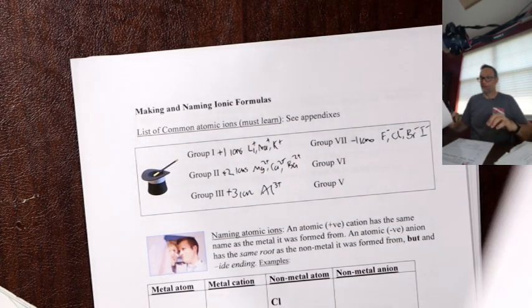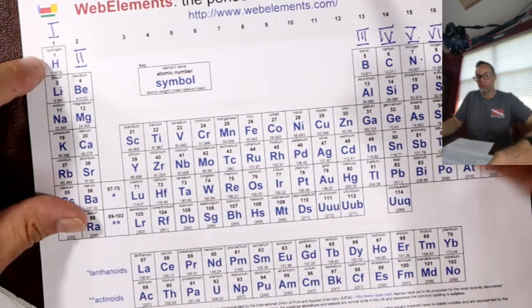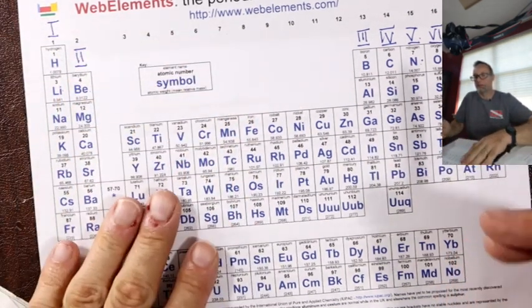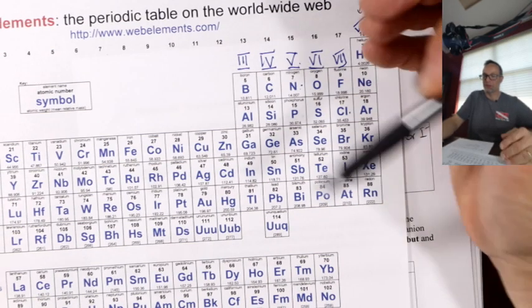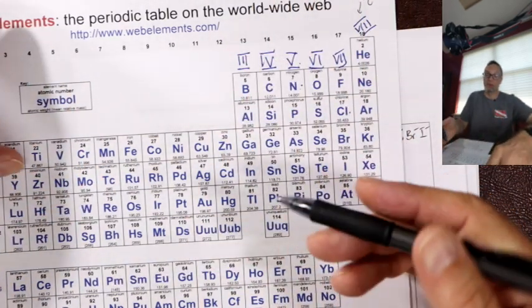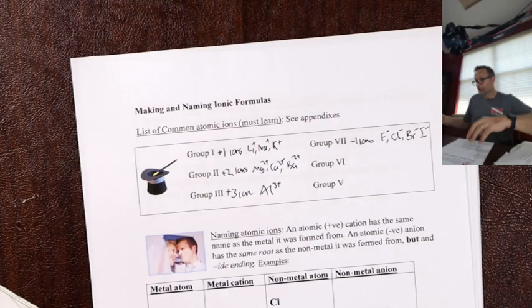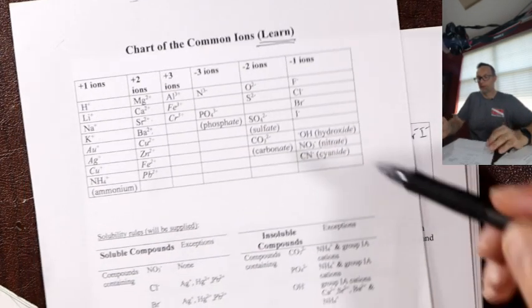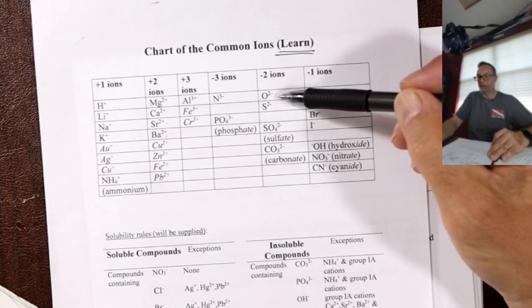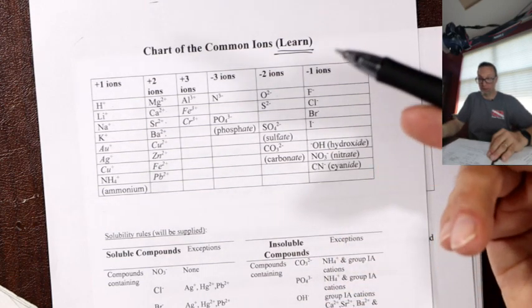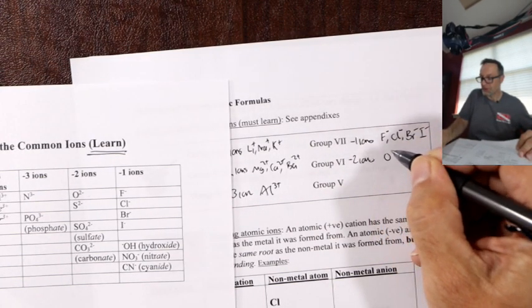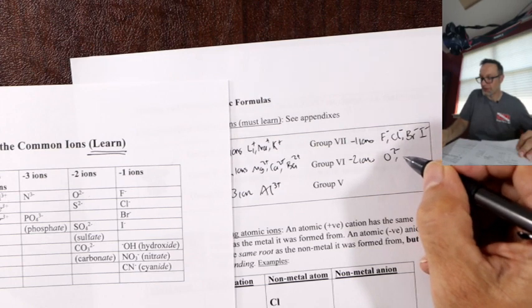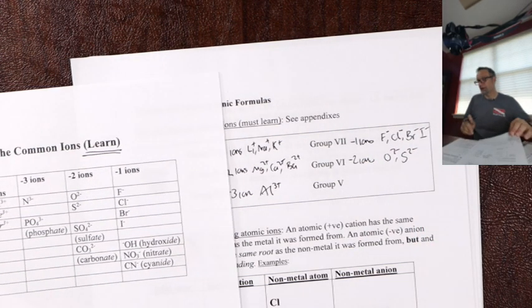Now, in the same way, oxide and sulfide, we go +1, +2, +3 in from the left, we go -1, -2, -3. So as you go towards the center, the magnitude of the charge gets bigger, okay? So -2 ions are in group 6. -2 ions, there's only 2, oxide 2 minus, sulfide 2 minus.